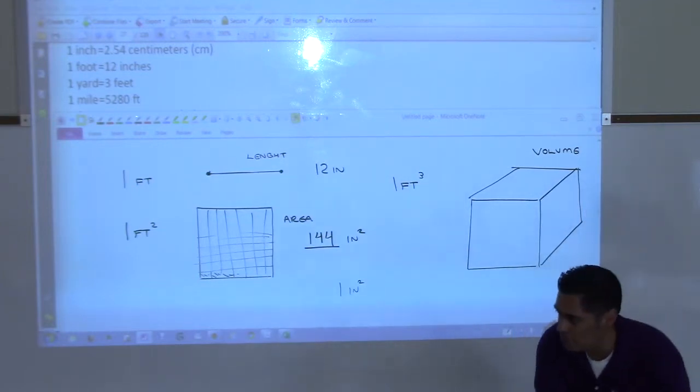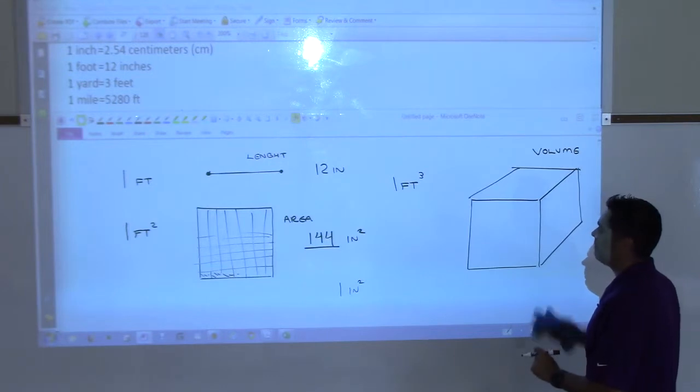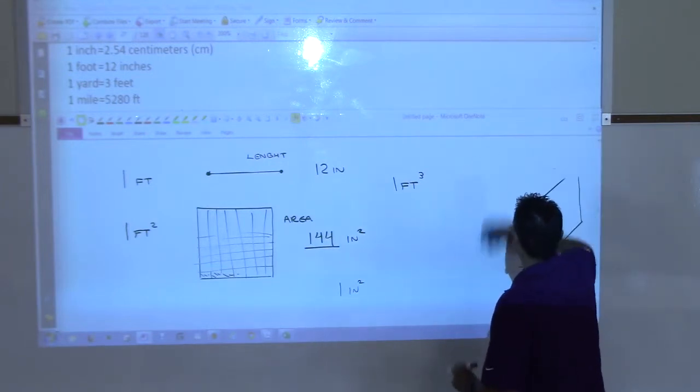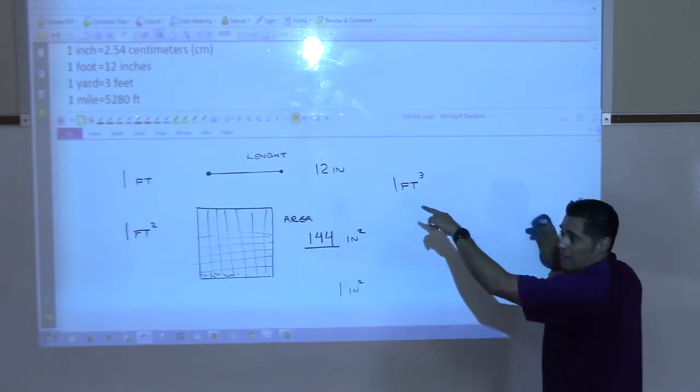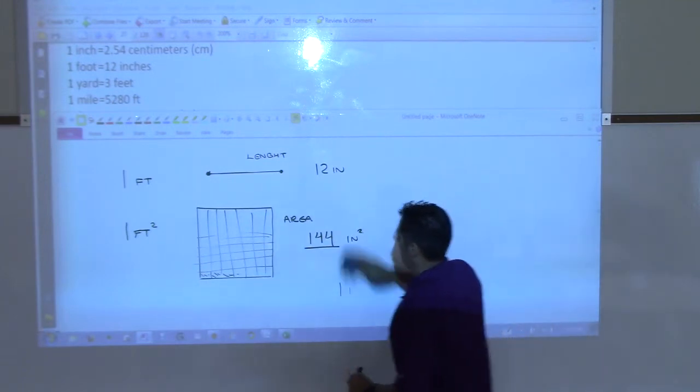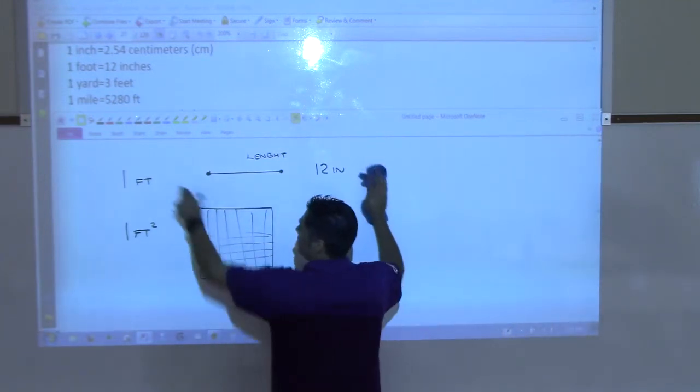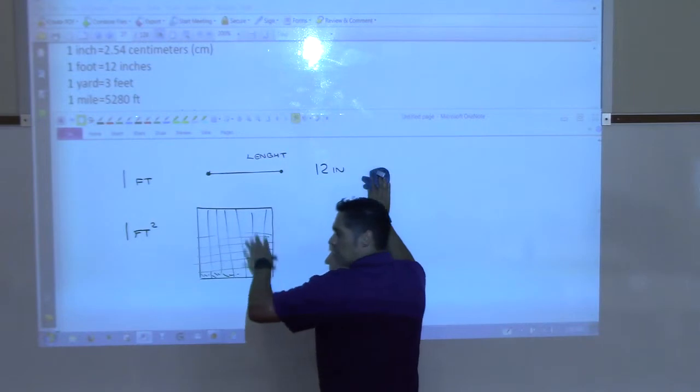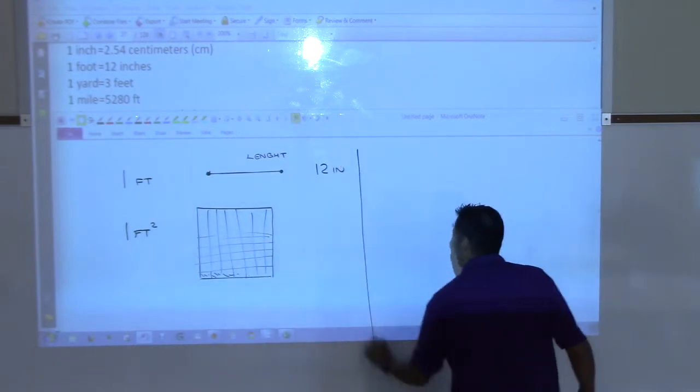So the question I'm about to pose to you is this: how do we convert these areas and volumes? Because it's not as simple as this to this. So that's what we're about to do, all right? Let's just do this problem right here.